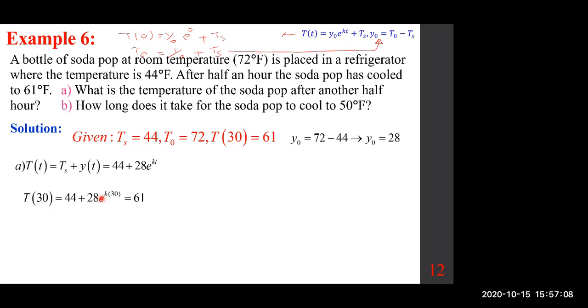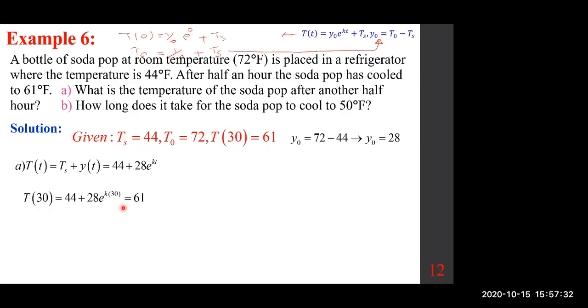So T of 30 is 44 plus 28 e to the power of k times 30. So first and foremost, you are going to subtract 44 from 61. And then you're going to divide by 28, and you're going to take the natural log.